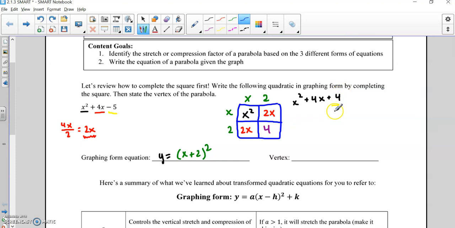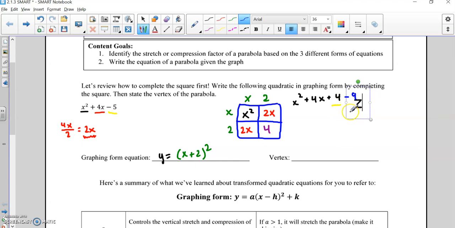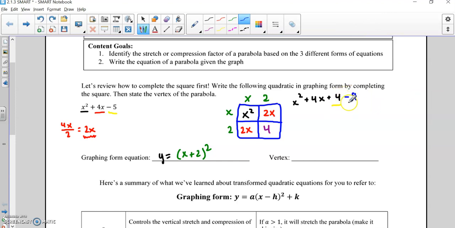We realize that 4 minus 9 would get me the negative 5 that I needed. So I'm going to take that minus 9 and throw it on the end of my equation, and that is going to fix the issue of us having a 4, and it'll give us that negative 5 instead.